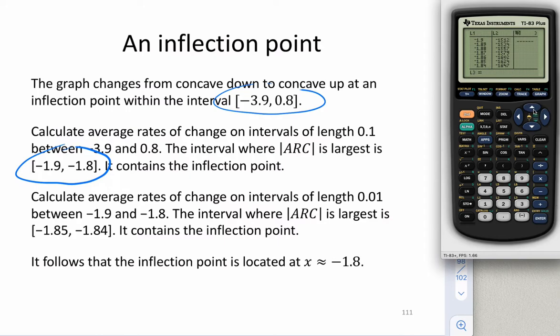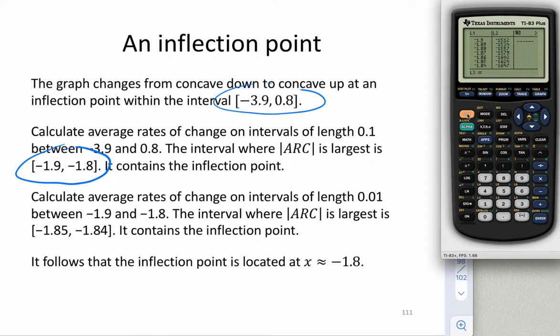I'm going to calculate the average rates of change on adjacent points, neighboring points. I'm really calculating the average rates of change on intervals defined by neighboring points that I've generated here.